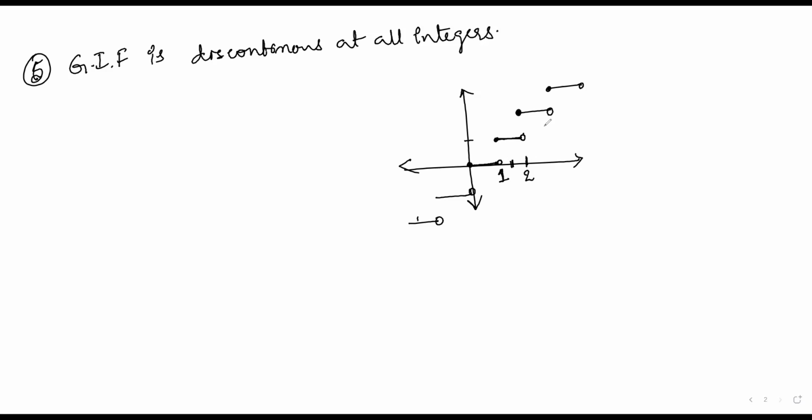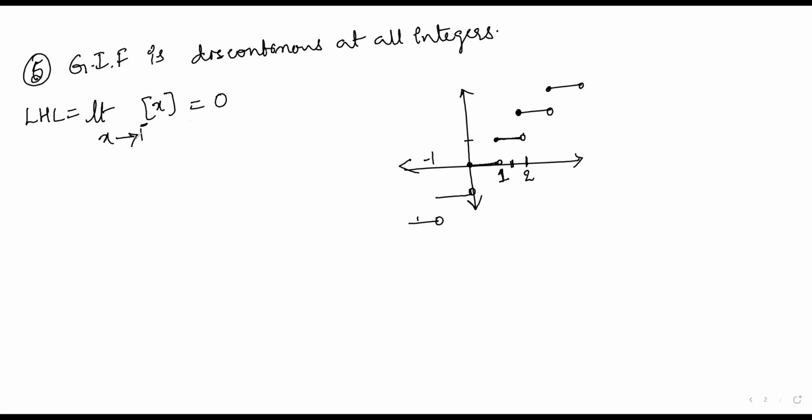At 1 discontinuous, 2 discontinuous, minus 1 discontinuous, like 0 it is discontinuous. Why? How do you check? Limit x tends to 1 minus, the value will be 0, because it's 0.9999.